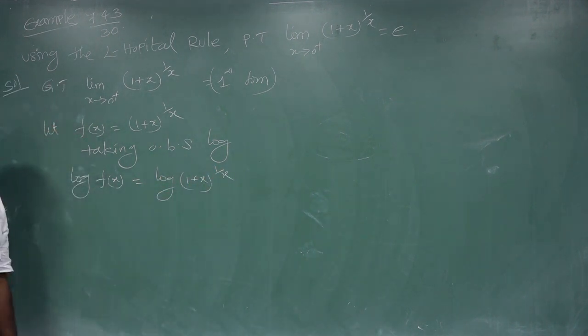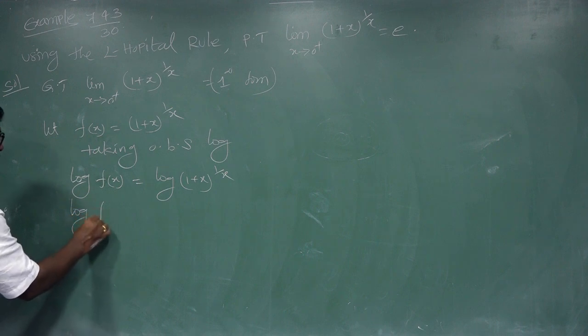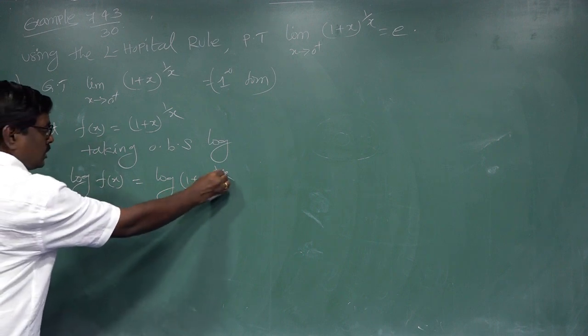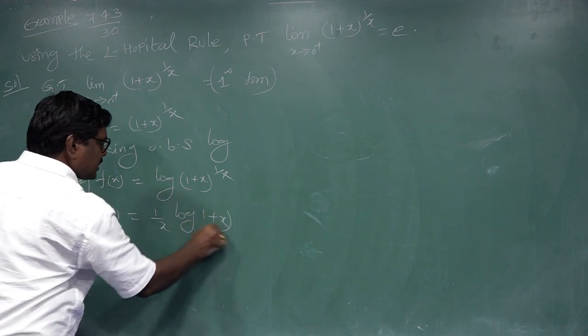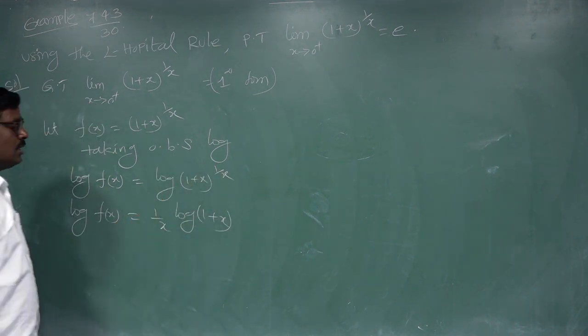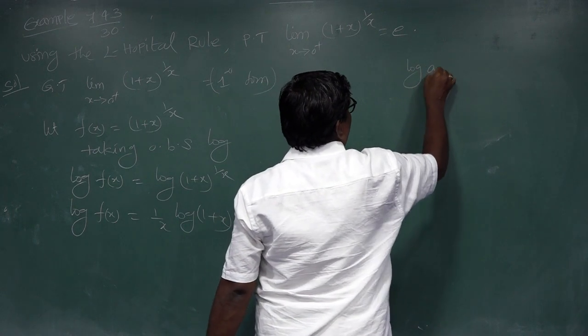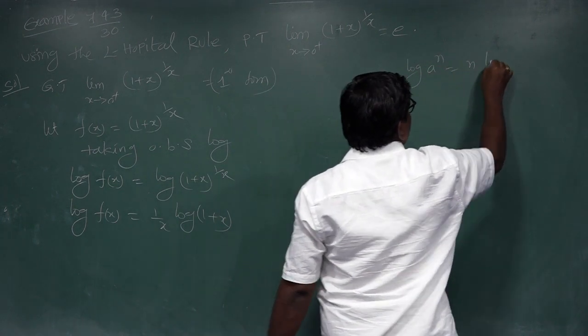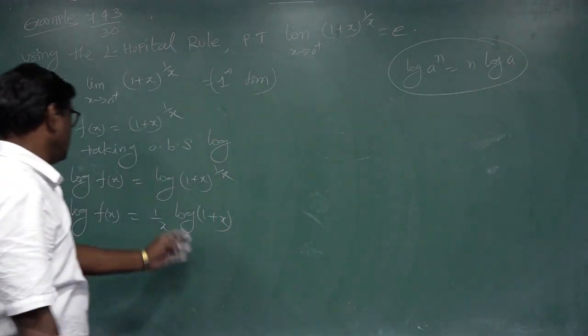Log of f of x equals 1 by x times log of 1 plus x. The power comes down by the logarithm formula: log of a power of n equals n into log of a.